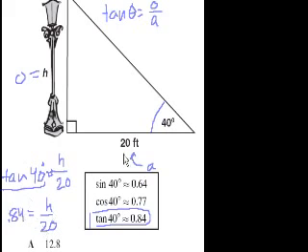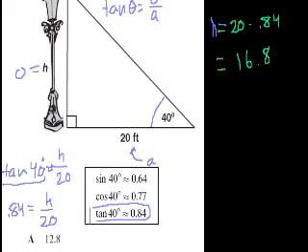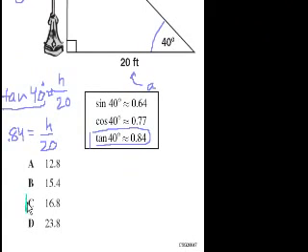We can multiply both sides by 20, and we get h is equal to 20 times 0.84. 2 times 0.84 is 1.68, so 20 times 0.84 is 16.8. And that is choice C.